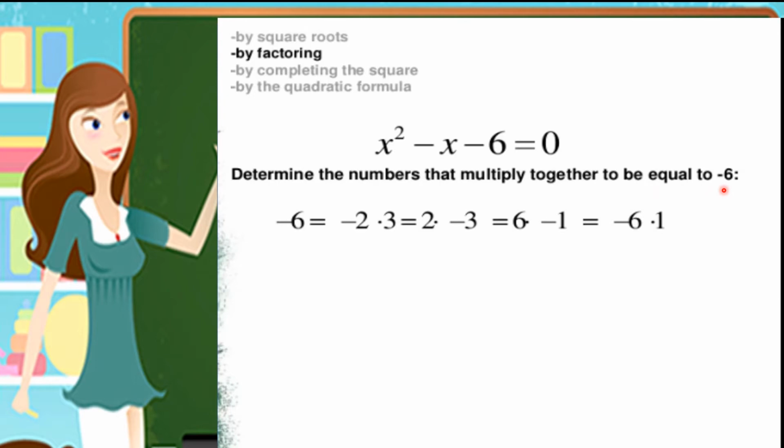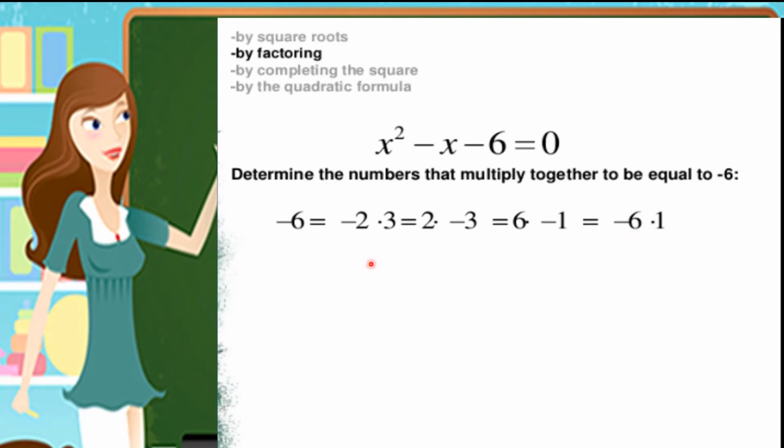Or sa madaling sabi, ano ang factor ng negative 6 or the constant term? Nakasulat dito, we have negative 6 is equal to negative 2 times 3 or 2 times negative 3. Ano pa? We have 6 times negative 1 or negative 6 times 1.